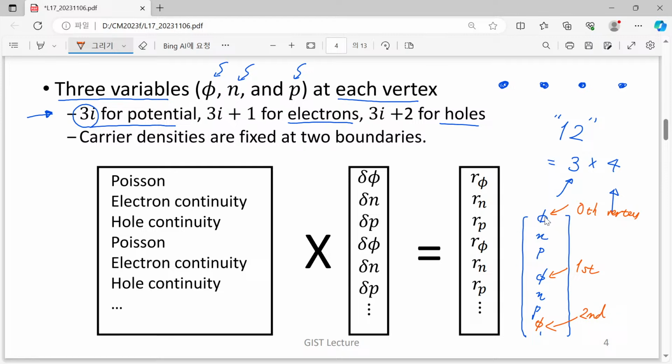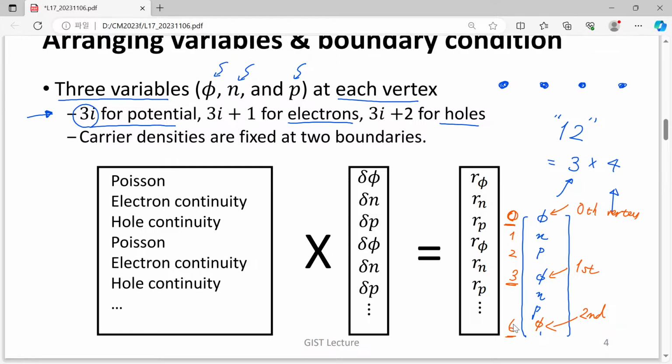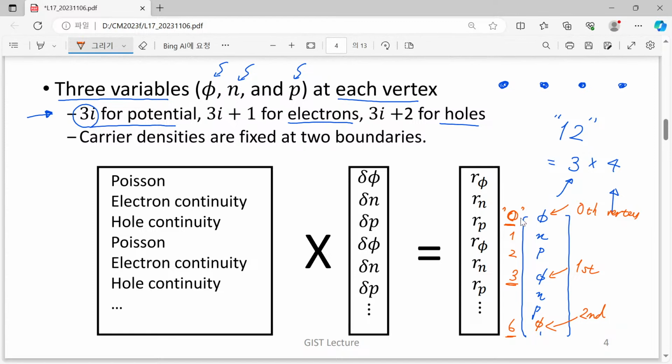The first one has index 0, the next has 3, and the next has 6. So for your electrostatic potential, the index in the grand solution variable is a multiple of 3: 0, 3, 6, given simply by 3 times the index of your vertex.